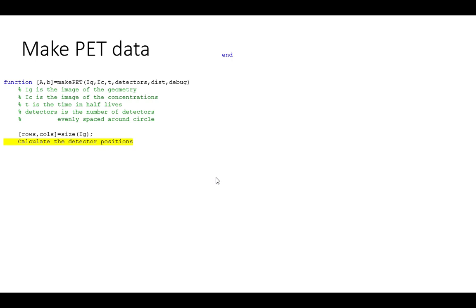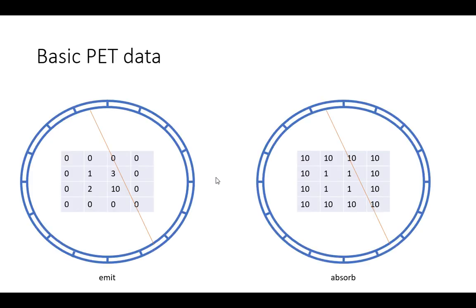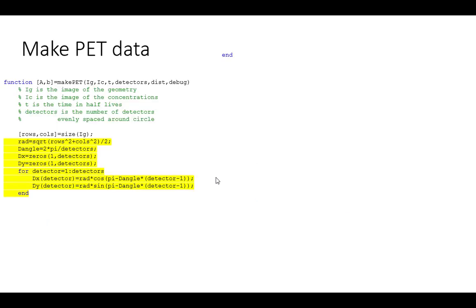So we said we needed to calculate where the detectors were. That was the first step we had identified. We just reminded ourselves of the geometry, and we're basically looking for all the pairs going across between these, but the detectors are evenly spaced. So for that one, we just calculated what the radius was. There are several different ways you can do it.